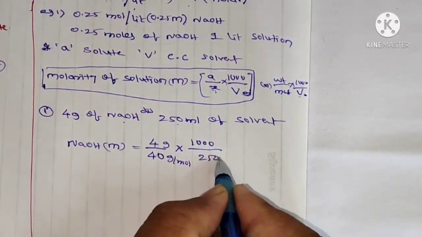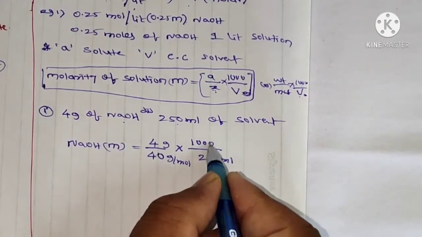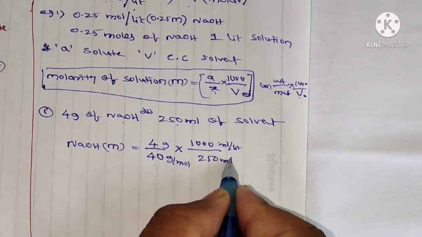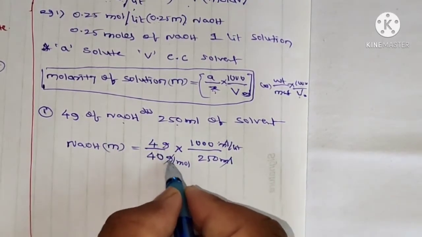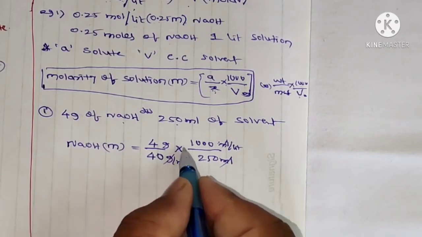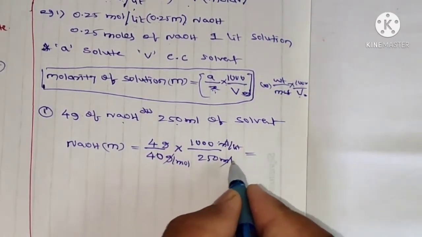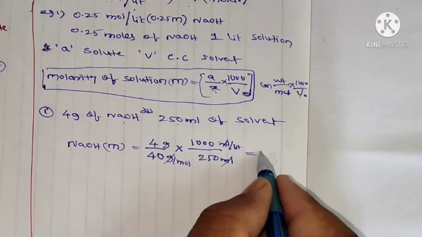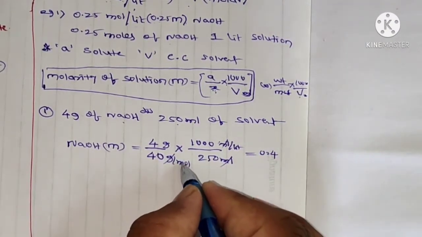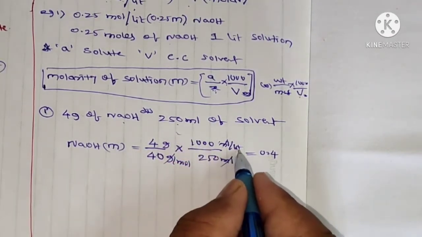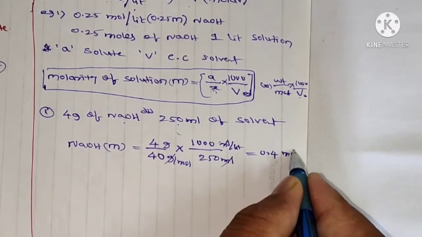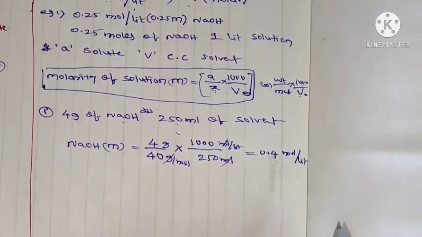Here 1000 is ml per liter. So ml cancels, grams cancel, and then the mole comes up. If you do this calculation, we will get 0.4 mole. This mole comes up and liters comes down, so mole per liter.